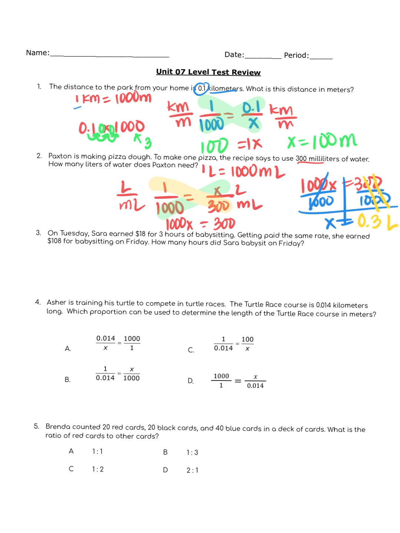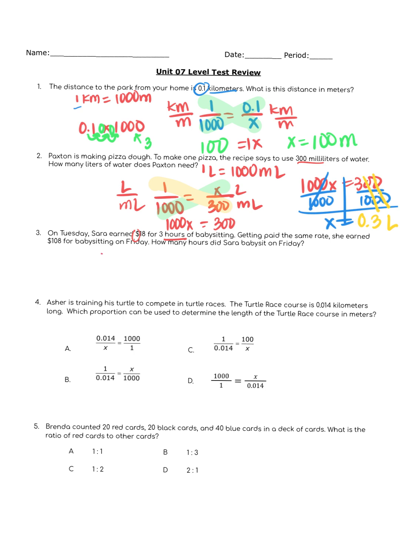This next one, on Tuesday, Sarah earned $18 for 3 hours of babysitting. Getting paid the same rate, she earned $108 for babysitting on Friday. How many hours did Sarah babysit on Friday? So we've got rates. We're going to use a proportion. And we're talking about $18 for 3 hours.